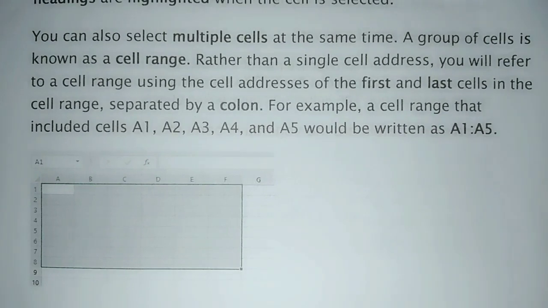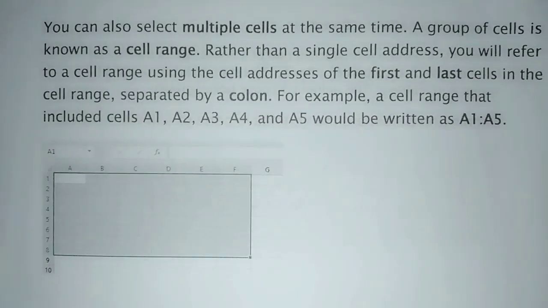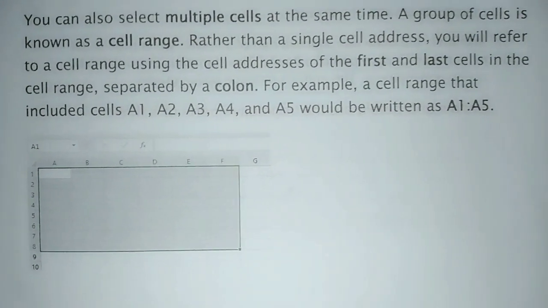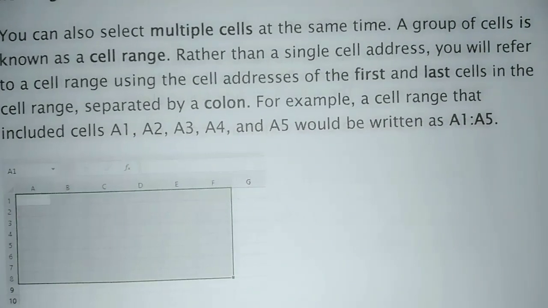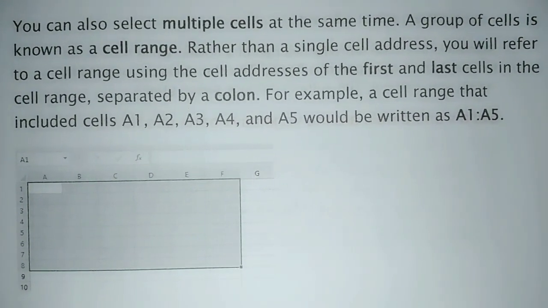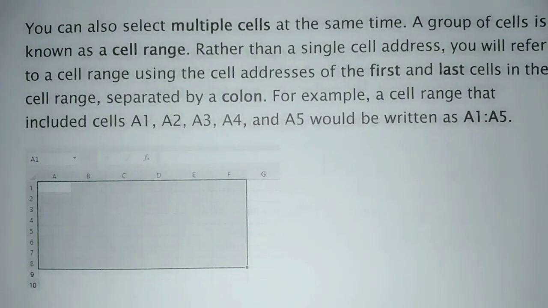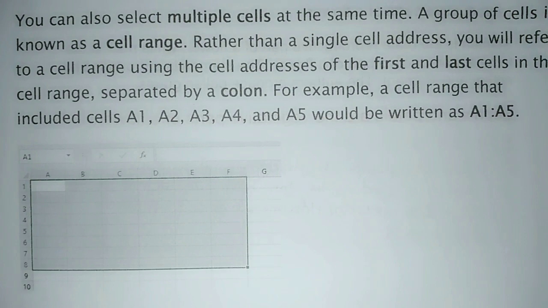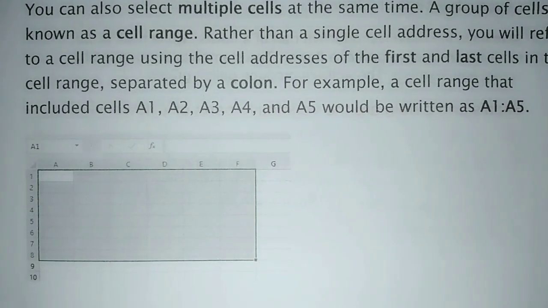Rather than a single cell address, you will refer to a cell range using the cell address of the first and last cells in the cell range, separated by a colon. For example, a cell range that includes cells A1, A2, A3, A4 and A5 would be written as A1:A5.